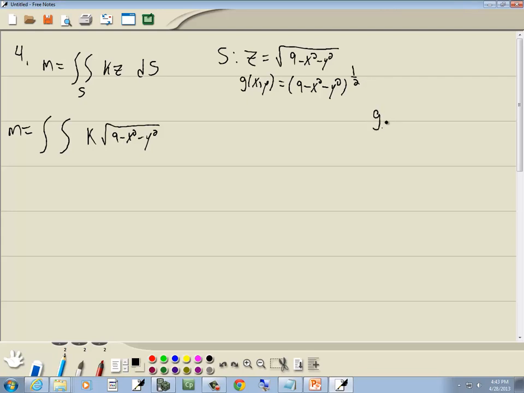So partial with respect to x. Take our 1/2, put it on front. The 9 minus x squared minus y squared remains as is. Lower your power by 1 times the partial derivative of what's inside of parentheses with respect to x, which would give us negative 2x. 2's would cancel, and I'd have negative x over, and I take this to the denominator, and this becomes the square root of 9 minus x squared minus y squared.